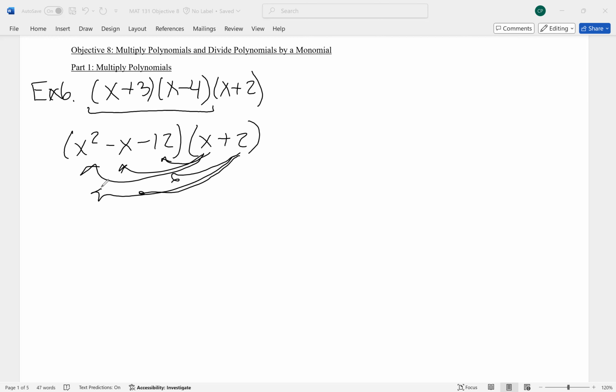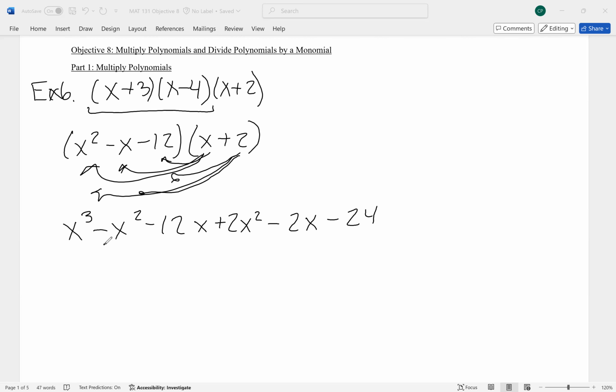And we'll get x cubed minus x squared minus 12x. And we'll get plus 2x squared minus 2x minus 24, okay?